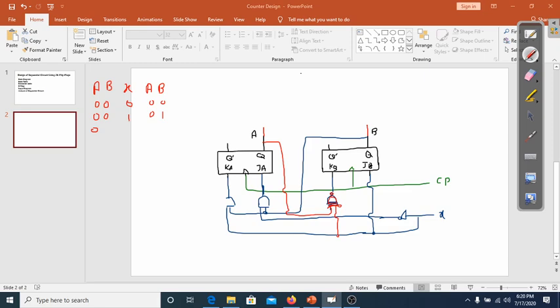For 0 1 present state, for input 0 the next state was 1 0, and for 1 the next state was same as 0 1.